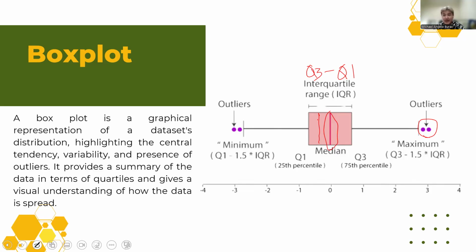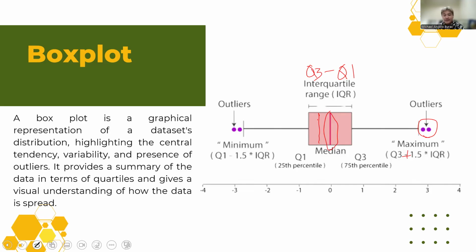Any value below that is considered an outlier. For the upper bound, you have Q3, and this should be plus, not minus: plus 1.5 times the interquartile range. Any value that goes beyond this value is considered an outlier.